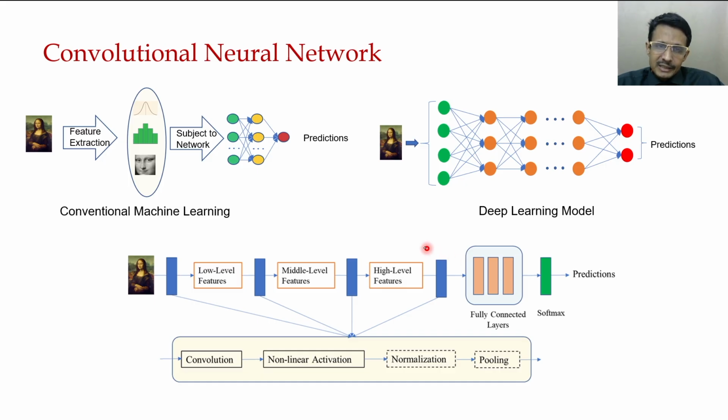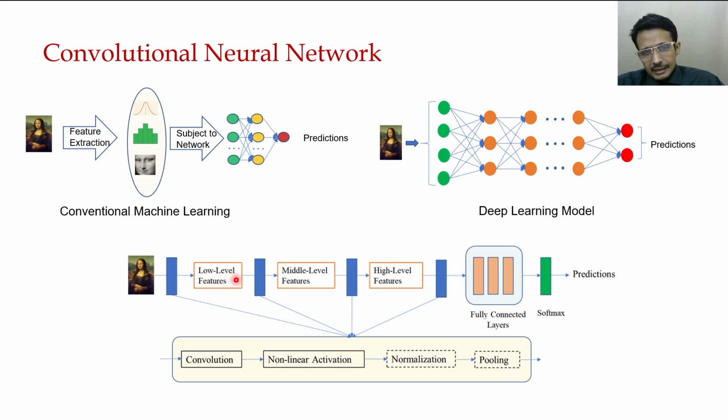An image is fed to some layers, and this layer architecture basically produces the low level features.